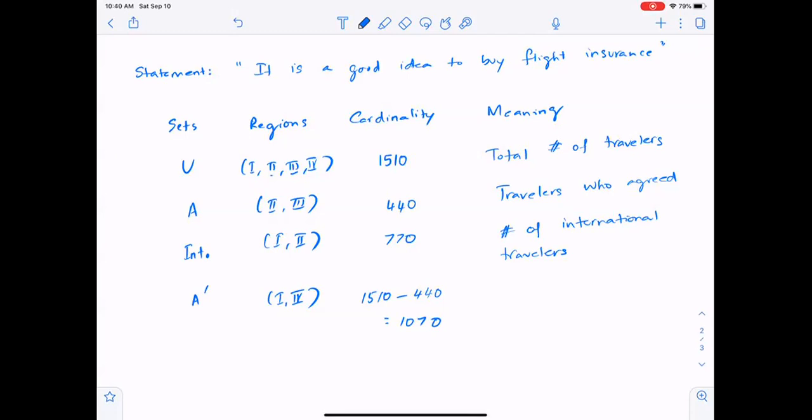Now, what would this 1070 correspond to? We've got to be careful in interpretation. The set U corresponds to all travelers, domestic and international. The set A corresponds to travelers who agreed, which would mean the set A complement would be everything that is not A. So that would simply be travelers who don't agree.